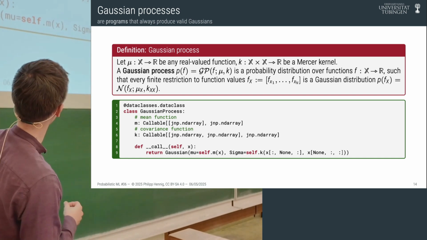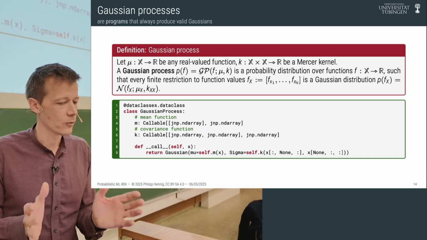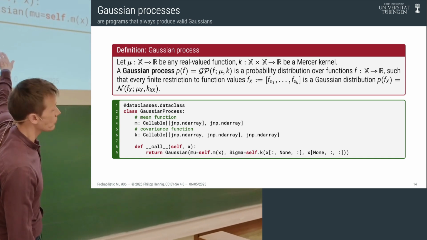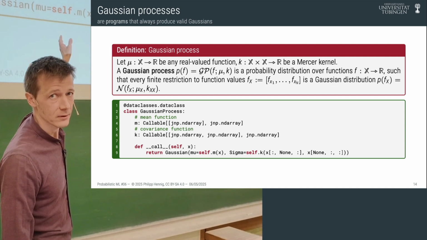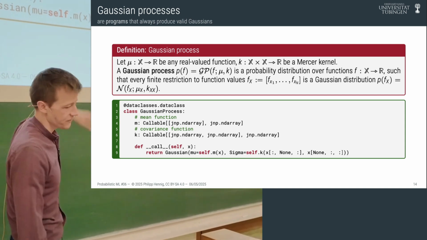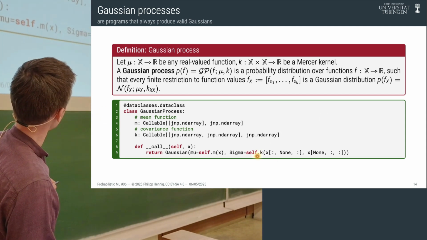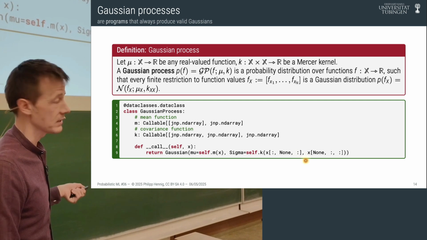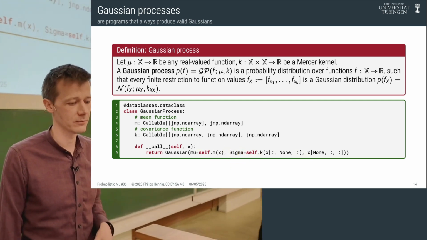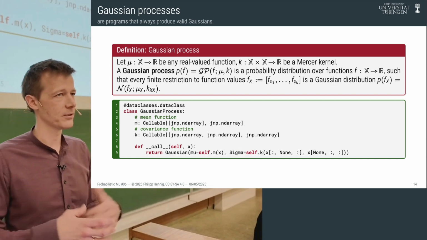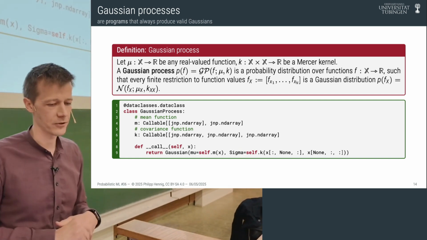And here's the definition again. So this is an interesting instance where the code is pretty much exactly the mathematical definition. If you have a k, such that this definition makes sense, so that this satisfies the requirements for sigma being the covariance of a Gaussian distribution, for arbitrary inputs x, then this class is well defined, and then we call this thing a Gaussian process.